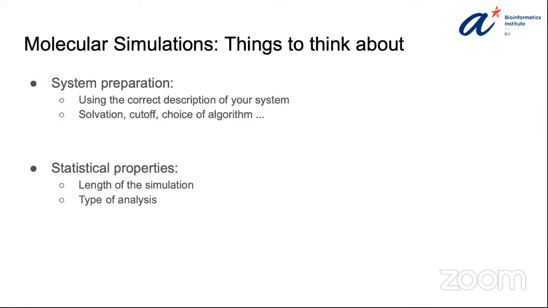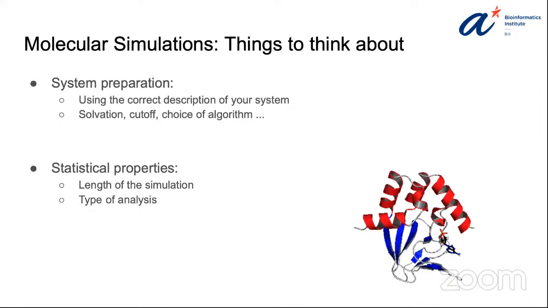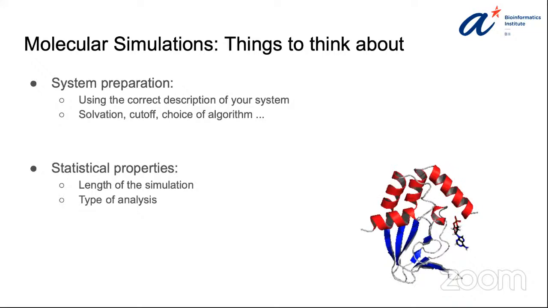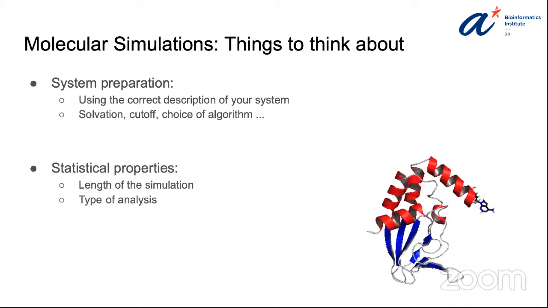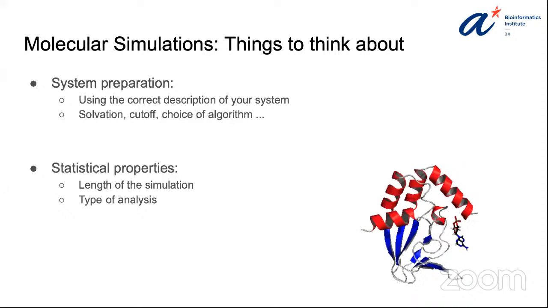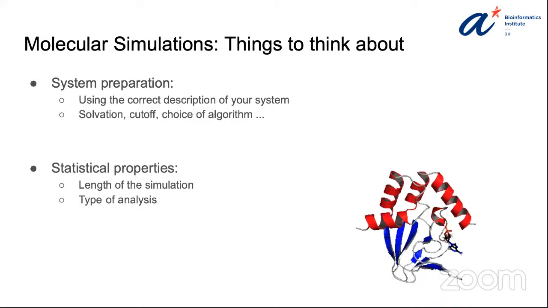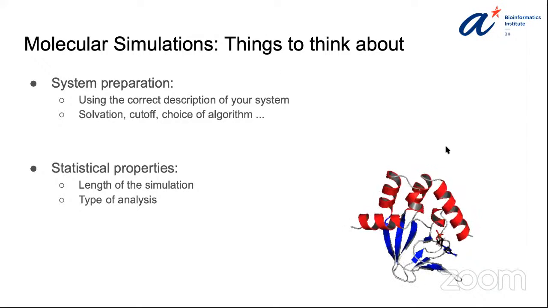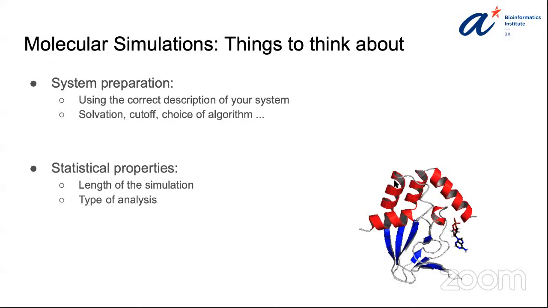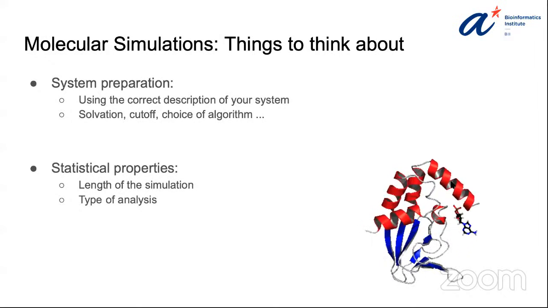So, for example, if we are looking at drug binding, this kind of phenomenon might not be visible if you run a very small simulation. You will have to run a very long simulation for the ligand that is free in the system to diffuse and for the entire protein to change its conformation and lock that ligand in.